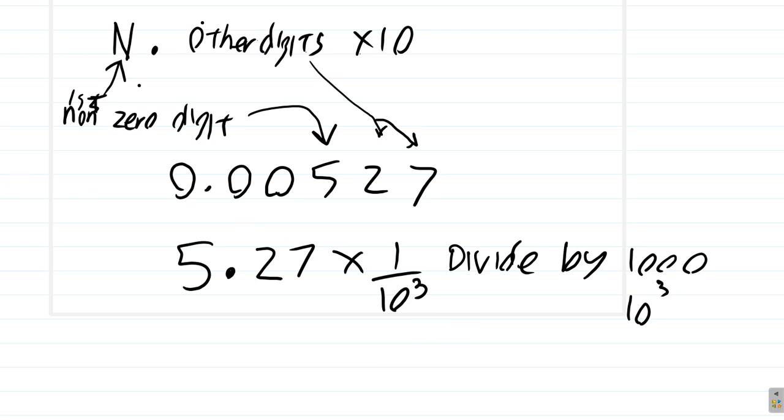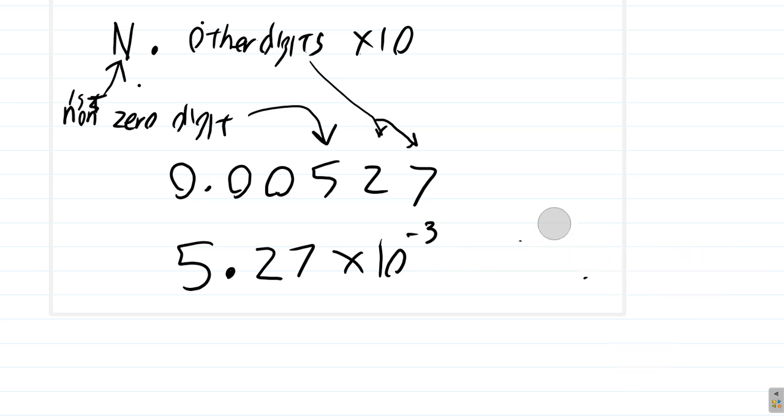But remember your indices now. When you divide by a number to a positive power, it's like you multiply by the number to the negative power. So it's times 10 to the negative 3 then. See that? So this is what we have. 5.27 times 10 to the negative 3. Alright?